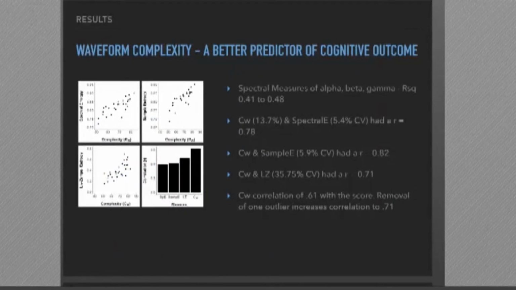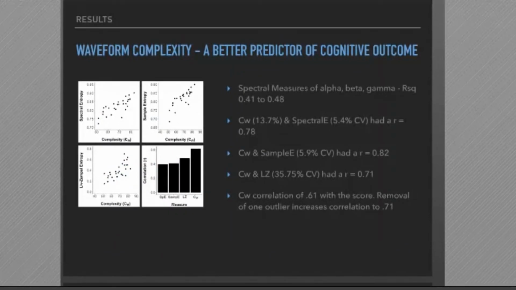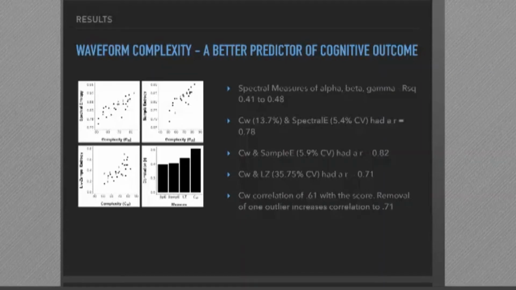So, like I went into some of the other measures of entropy which are related to complexity, we wanted to see how related they are to complexity. And you can see that all three measures, spectral entropy, sample entropy, and Lempel-Ziv entropy, have a high correlation with the waveform complexity itself, ranging from anywhere between 0.71 to 0.82. However, when we look at the correlation with the outcome metric, waveform complexity does significantly better.